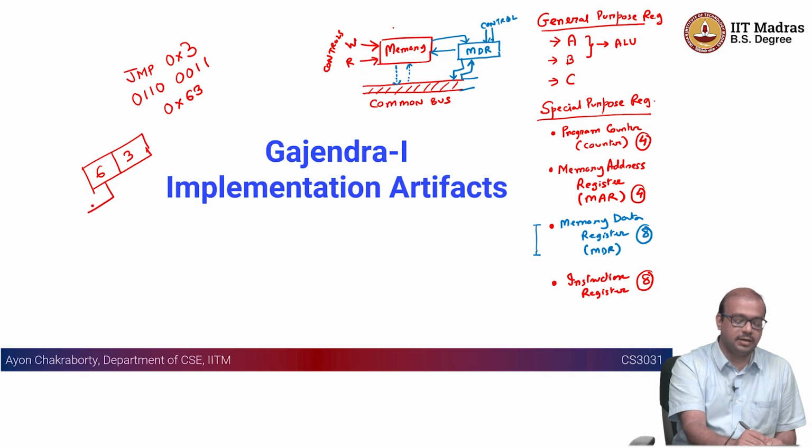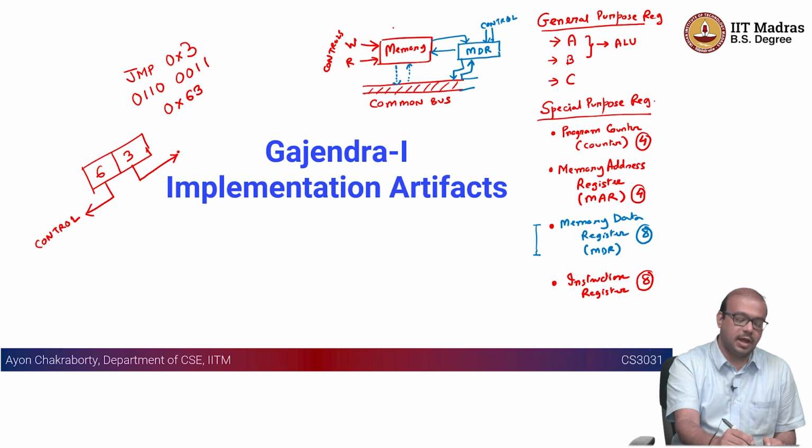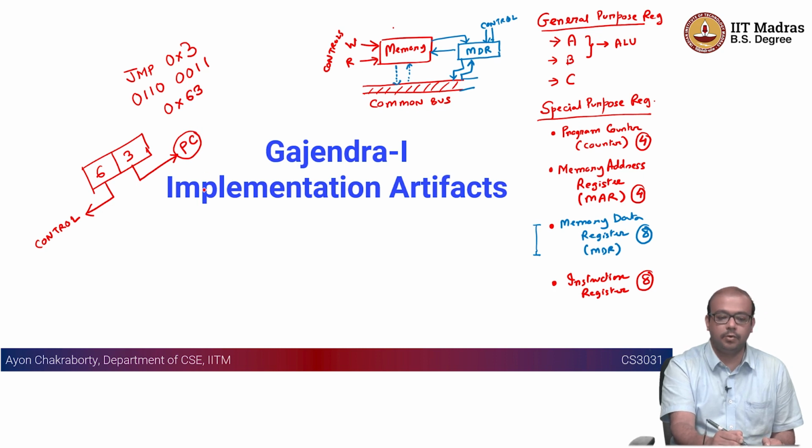The 6 is interesting for the control, because the control logic needs to know that this is a jump instruction, and this 3 goes to the data bus. This has to go to the program counter, which is going to be loaded with the value 3.